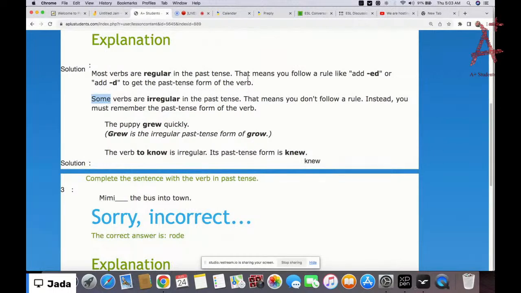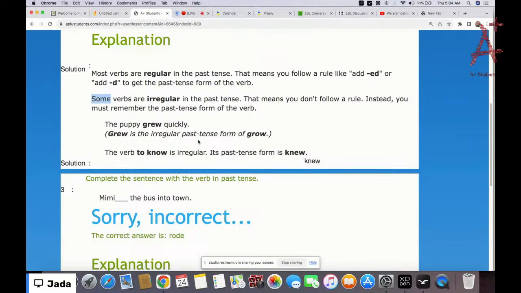Okay, they do not follow any certain rule. They do not have any certain rule that says, okay, this is what you do. That's it. Okay, so for example, we have the puppy grew quickly.